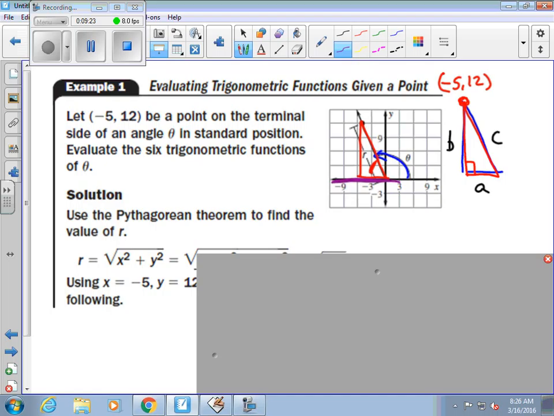This same triangle goes right there. A is. So in this case, A is X. Which one's on the y-axis? A, B, or C?